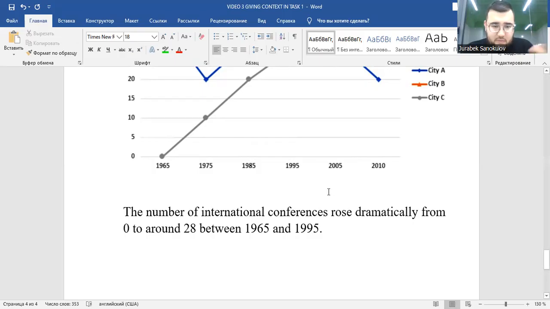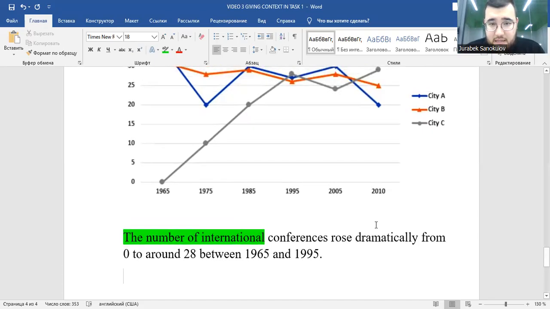So again, I use the verb sentence structure, and I also use the universal ways of giving context.